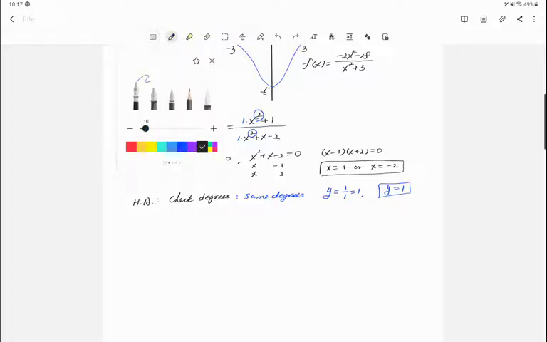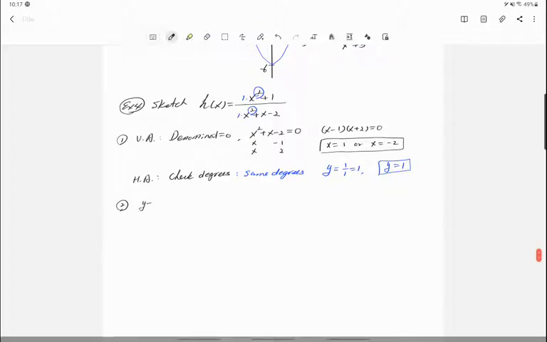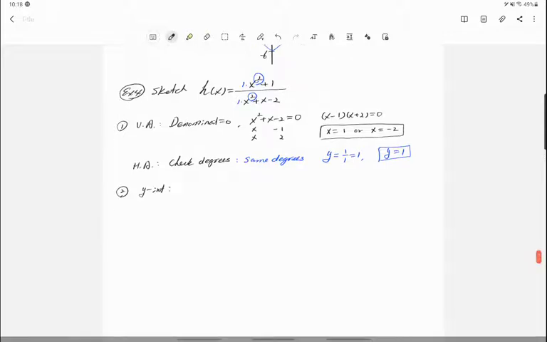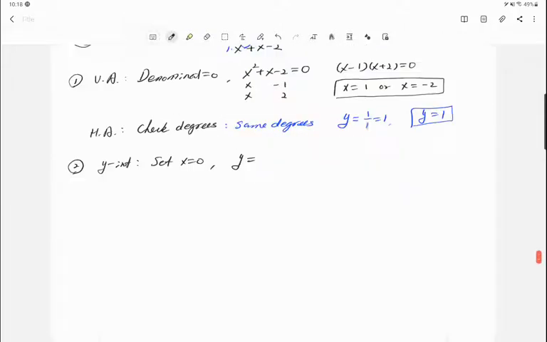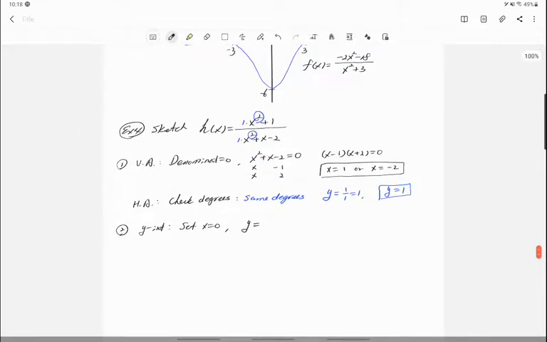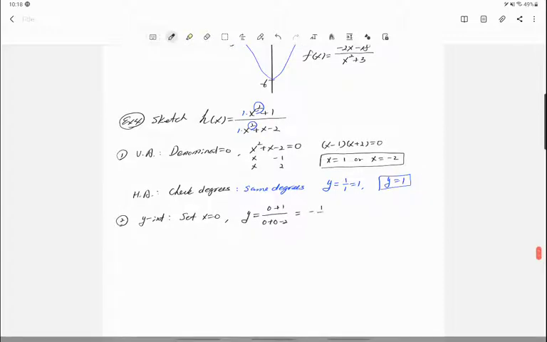All right, next let's find the x-intercept and y-intercept. The y-intercept is the easiest one because we set x equals 0. Then what is the y value? 0 plus 1 over 0 plus 0 minus 2, which equals negative 1 over 2.